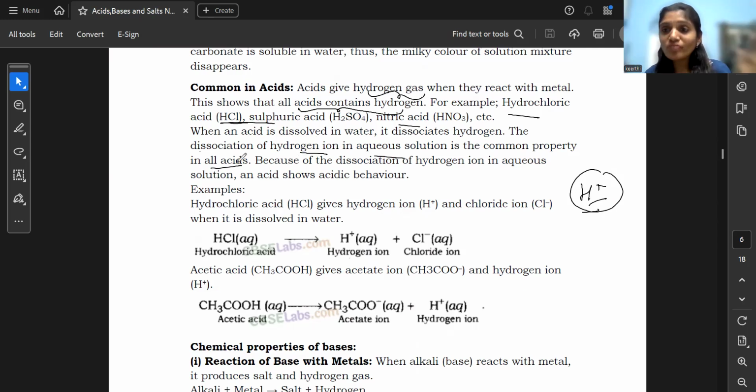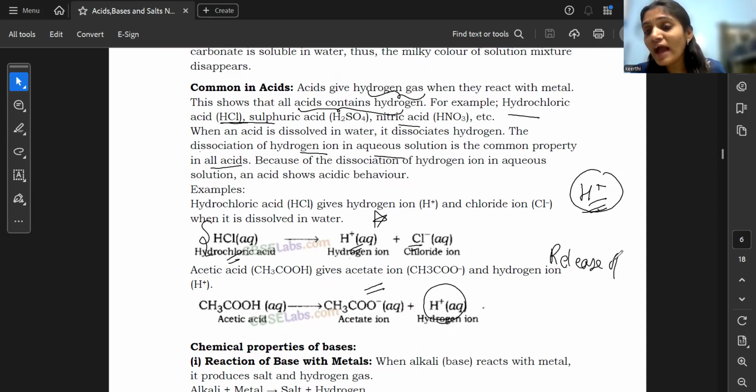In all the acids, what is the common property I have observed? In all the acids, the common property I have observed is the release of H plus. Clear? Now, when HCl dissociates, you get H plus and Cl minus. Here you are seeing H plus. Even when you take a weak acid, when it dissociates, it gives you acetate ion and H plus. So, what is commonly seen in any acid? The release of H plus, which is the hydrogen ion.